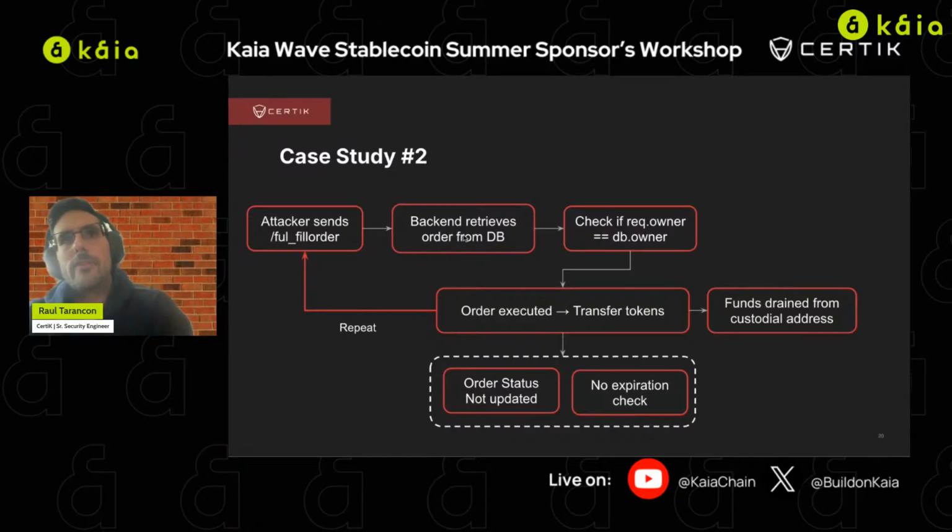The backend retrieves the order from the database, checks if the owner of the request is the same as the owner of the order, then executes the order and transfers the tokens. Here, the backend doesn't check the status of the order, and there is no expiration check.